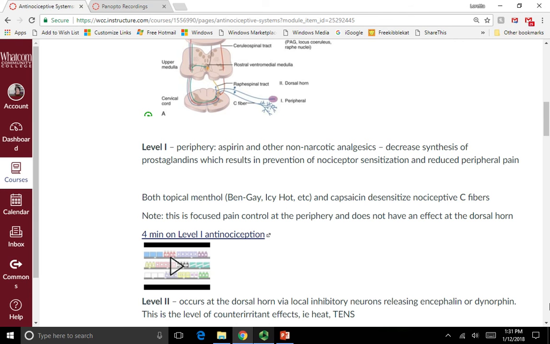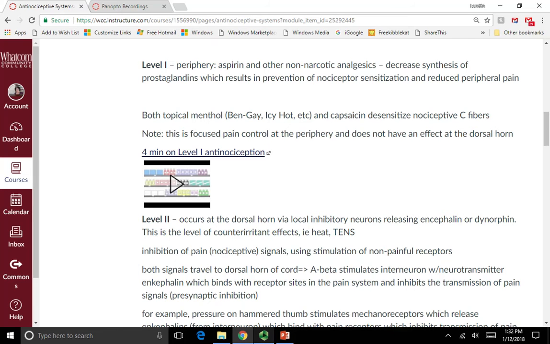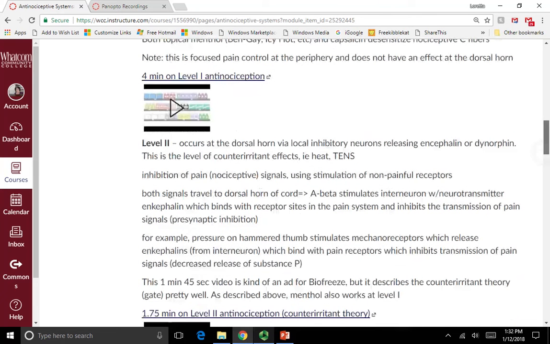Pretty cool, right? Level 2, that's our counter-irritant or our gate theory, which happens at the dorsal horn of the spinal cord via local inhibitory neurons releasing enkephalins or dynorphins. It's the level of counter-irritant effects, heat and TENS. Inhibition of pain, nociceptive signals, using stimulation of non-painful receptors.